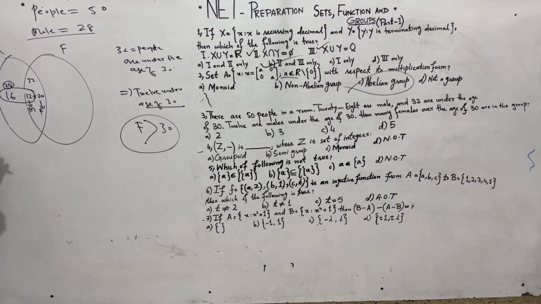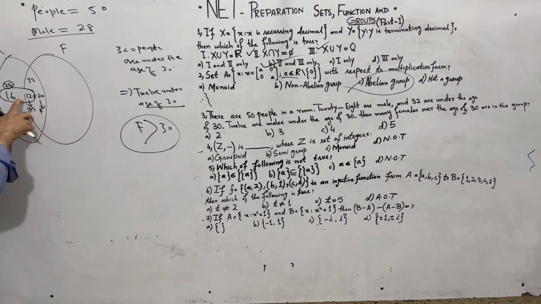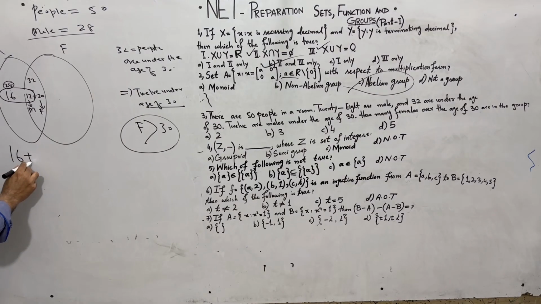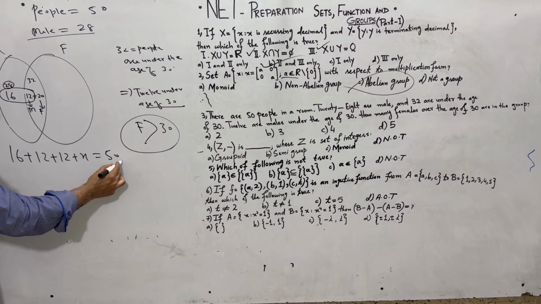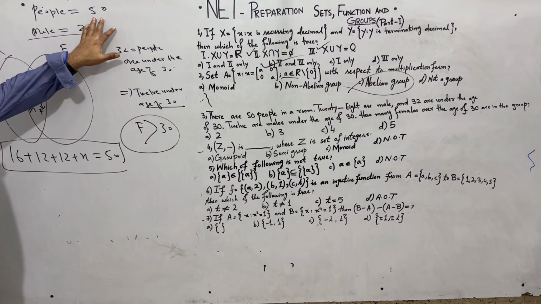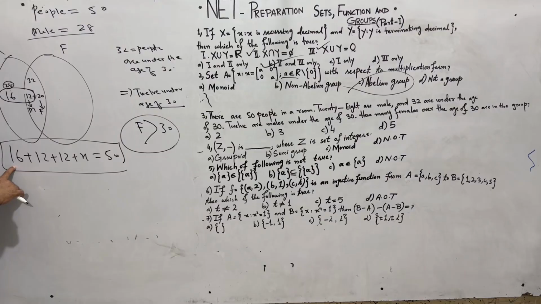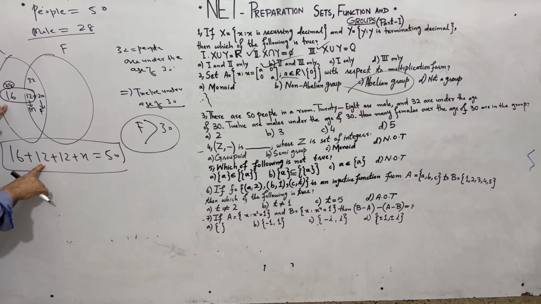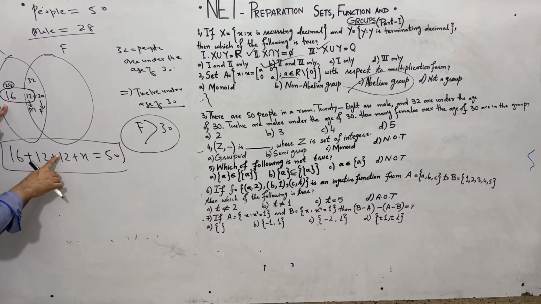Okay. Now how much do we have? 16 plus 12 plus 20 plus x must be equal to 50, as the total number is 50. We have 16 males over the age of 30, 12 under the age of 30, and 20 females.